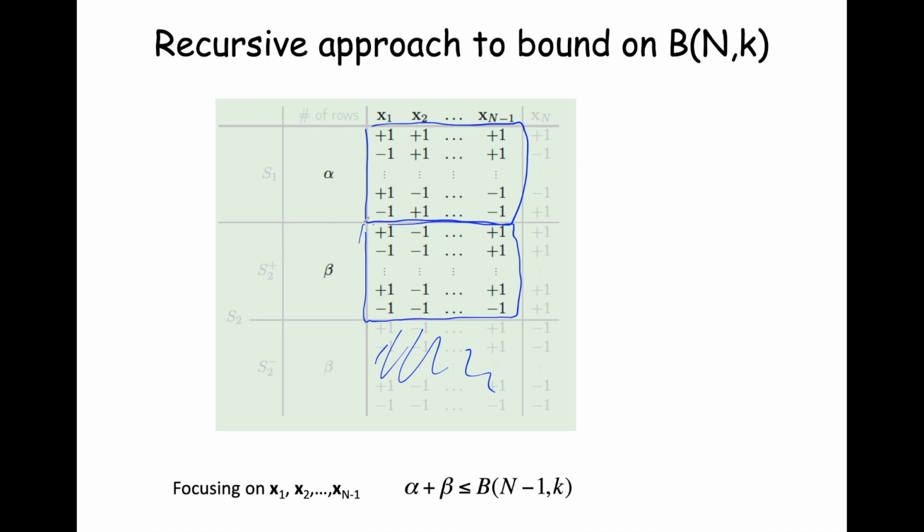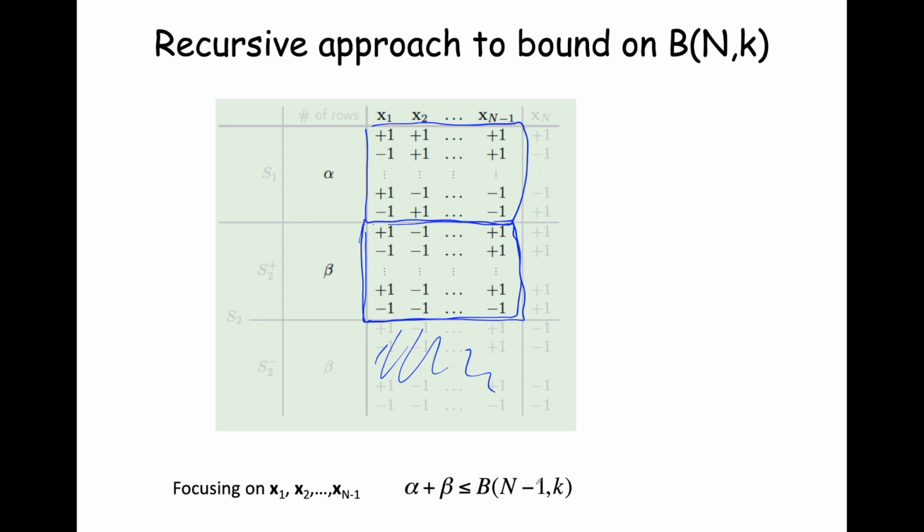And our second group of size beta will also be added to that count for B of n minus 1 and k. And so here the count is alpha plus beta, and that alpha plus beta is bounded from above by B(n minus 1, k).